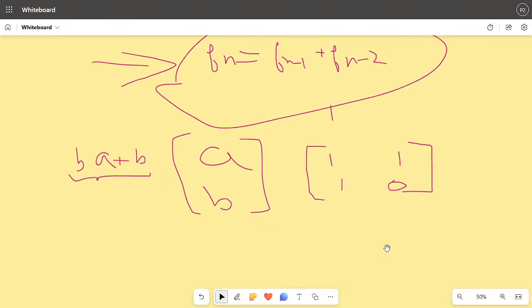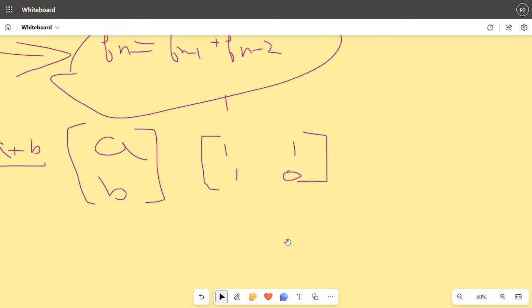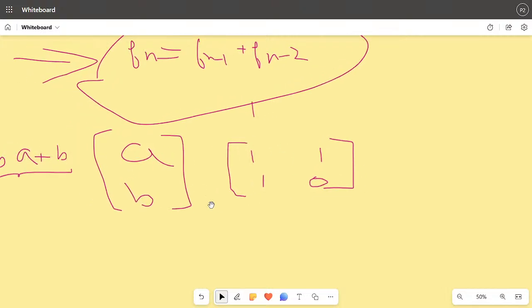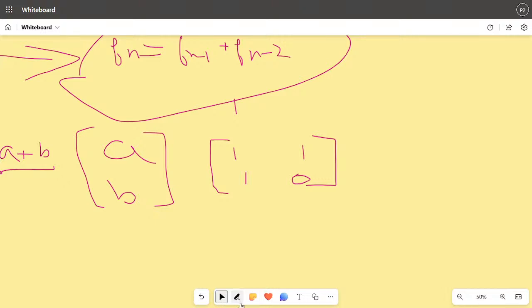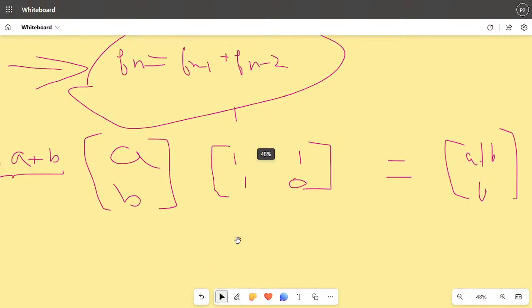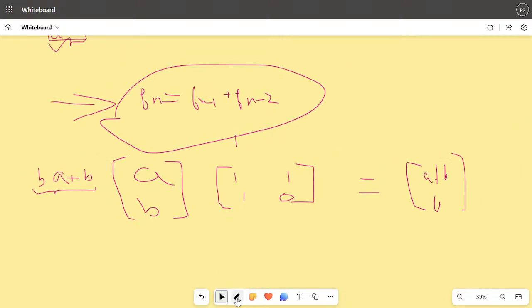Okay, so after multiplying it with this matrix once, we will get whatever result we want, which is A plus B and A. So this is what we required and this is what we will get.